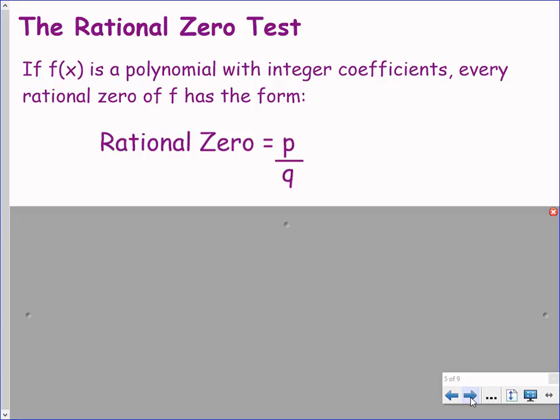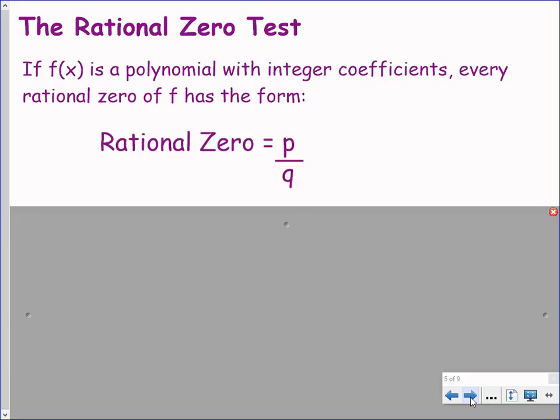If f of x is a polynomial with integer coefficients, so that would mean when you're looking at the coefficients to all your terms in your polynomial, none of them are irrational, have radicals, or are imaginary. They have to be integer coefficients, no fractions.